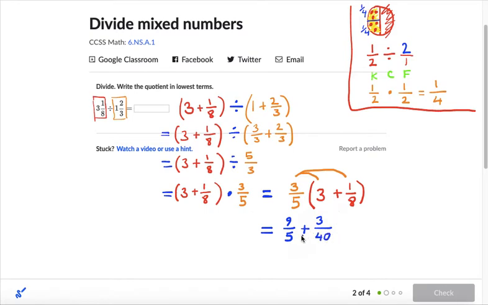Okay, I do, however, now need common denominators. So this is where converting the first one into a mixed number is probably a quicker way of doing it. But I don't mind doing it this way. I can see the denominators.